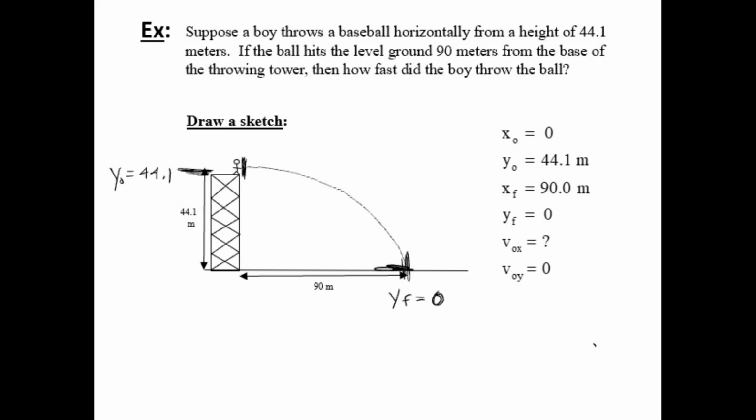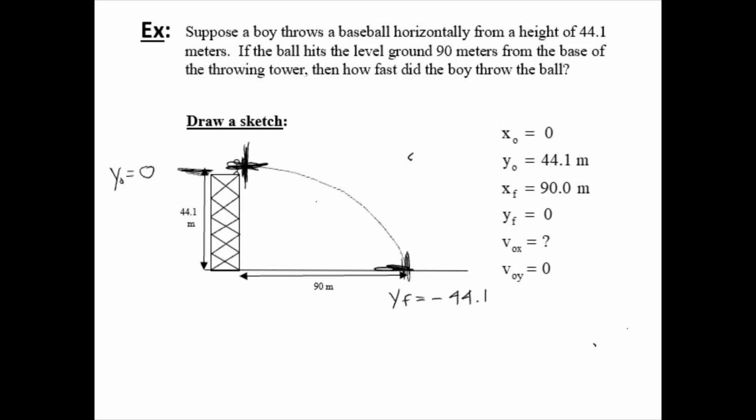Once again, as long as the original launch height is 44.1 meters higher than the final height, we're good. So let's suppose you had called it 0 up here, sticking with the convention of the book and many others of choosing the original position of the object when it's launched as being at 0, 0. If you choose the center of your coordinate system right up here where the ball is launched, the origin, then y final down here would have to go into your equations as minus 44.1.